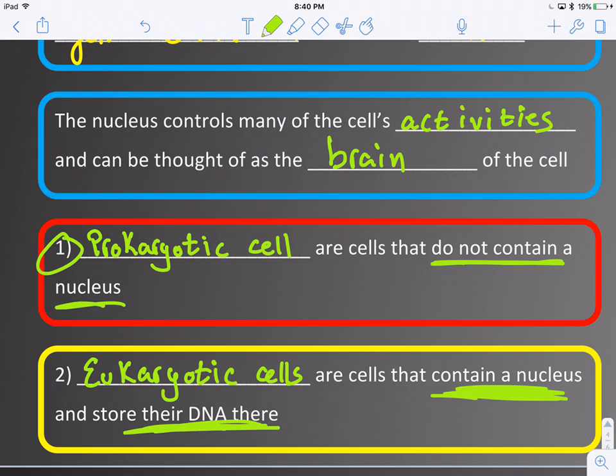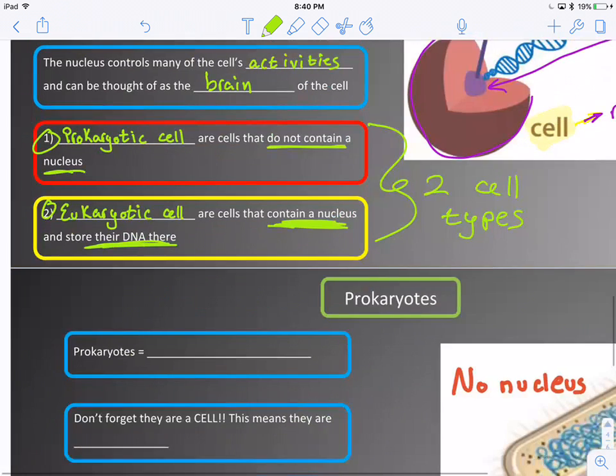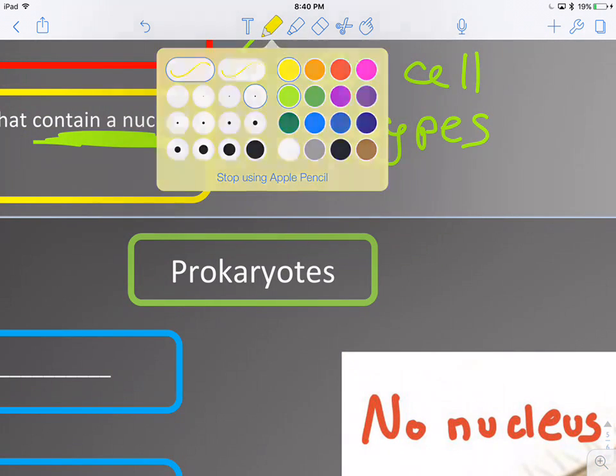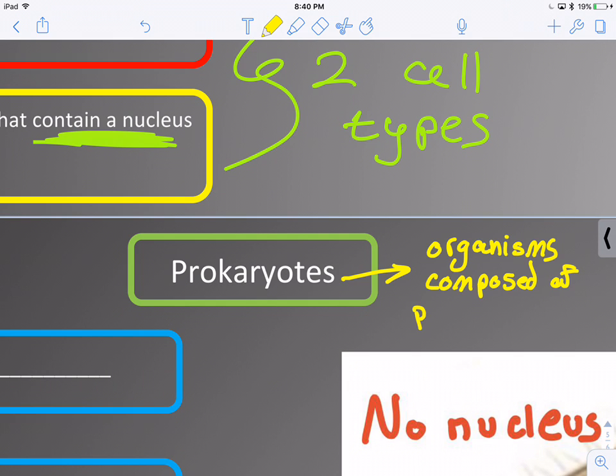So right here, these are our two cell types: prokaryotic cells and eukaryotic cells. The first one we're going to go into are prokaryotic cells. This term prokaryotes are organisms composed of prokaryotic cells.